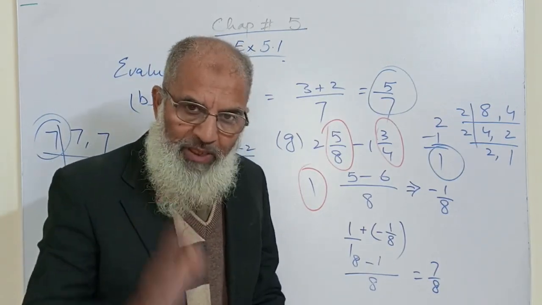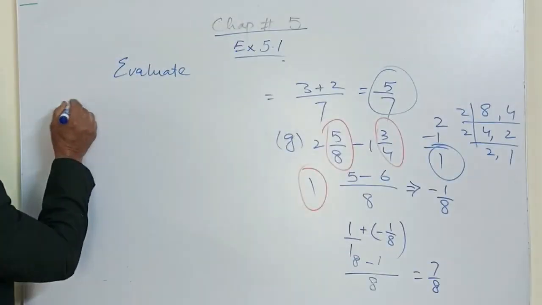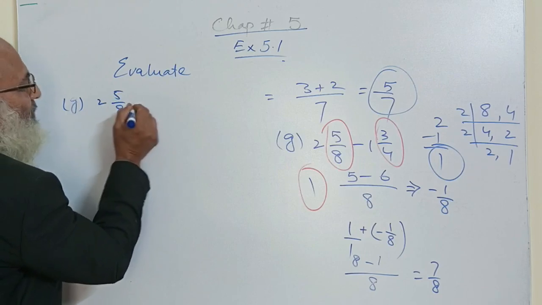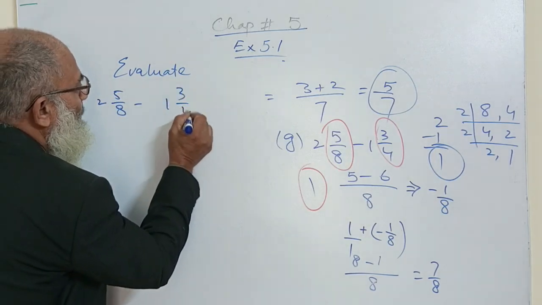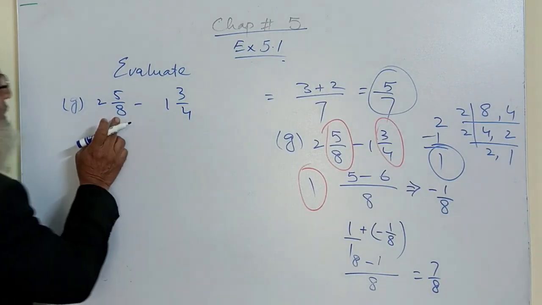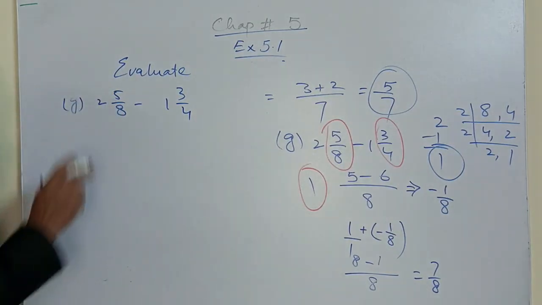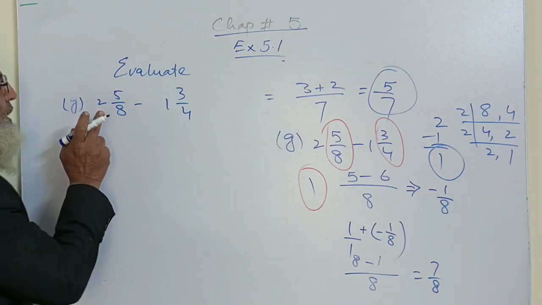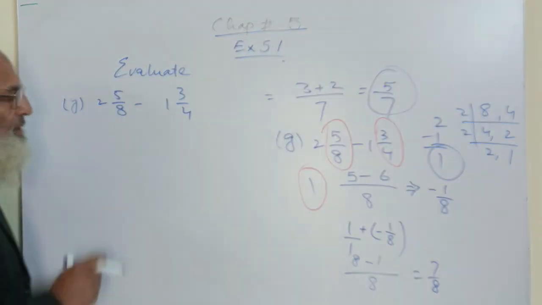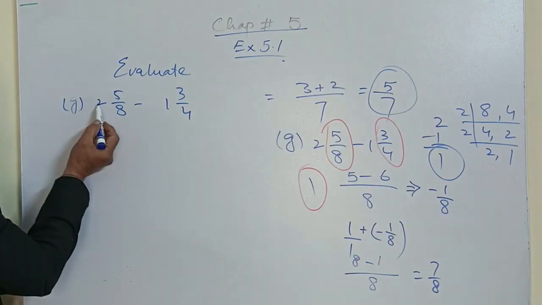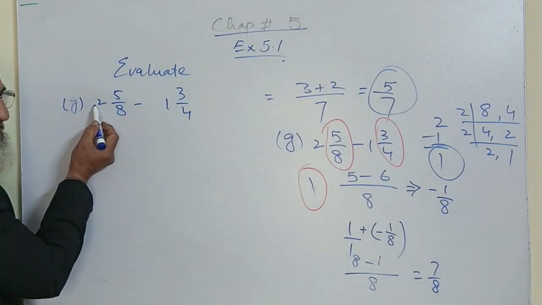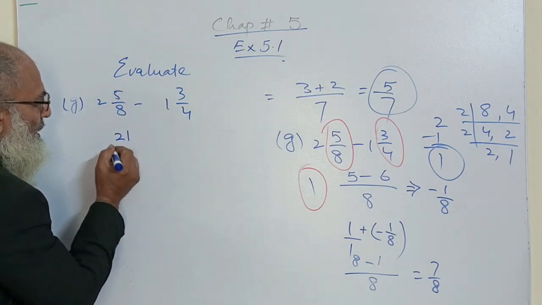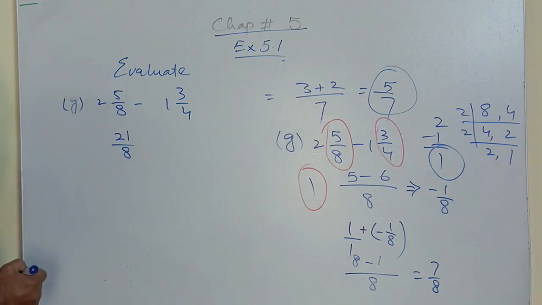Now for a simpler method. So this is the question again. G, 2 5 upon 8 minus 1 3 upon 4. Now just bring this mixed fraction into an improper fraction, and the same for this one. 8 2 times 16, and 16 plus 5 is 21, so 21 upon 8.